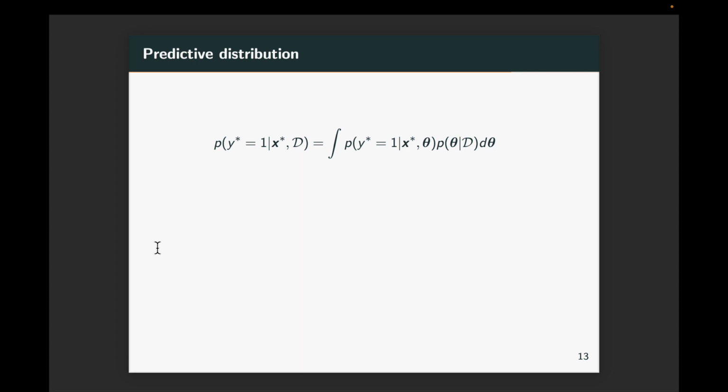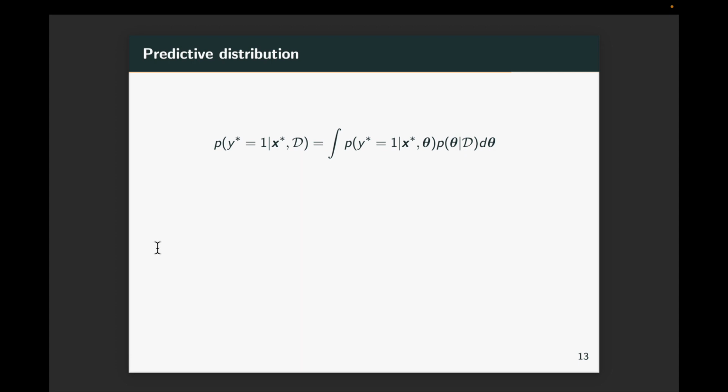You have to consider all possible values of theta which could have been considered, right? So we bring in theta in the first term and bring in theta in the second term. What is the second term here called? P of theta given d is the posterior, but we don't know the posterior. What do we do? We replace the posterior with the Laplace approximation, q of theta.